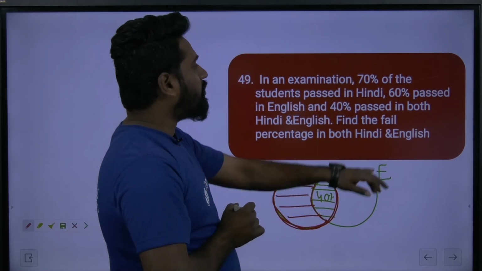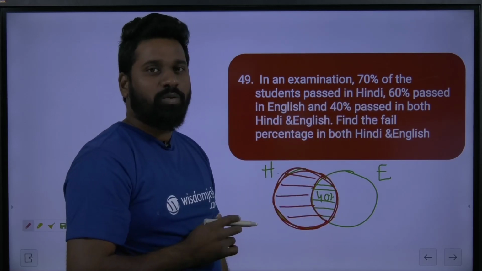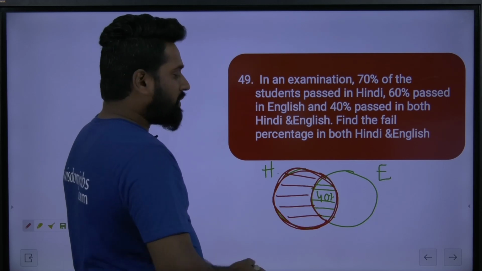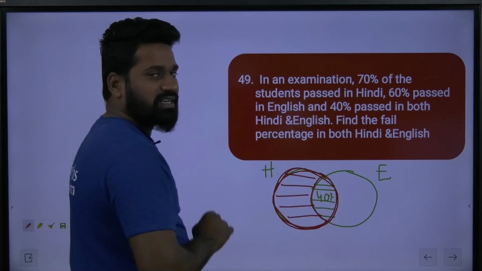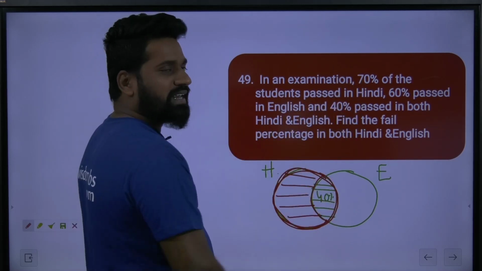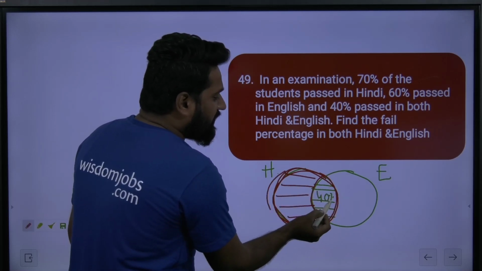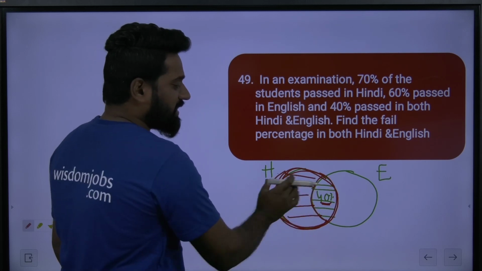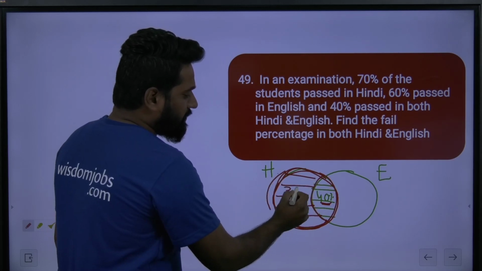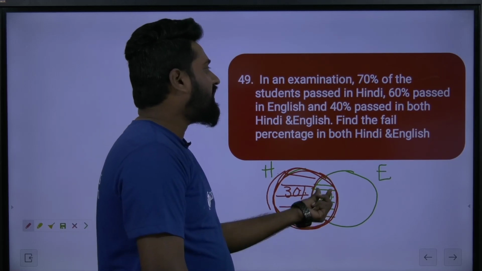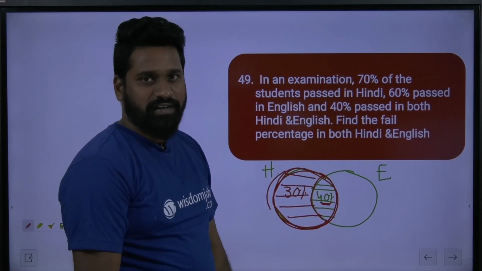This Hindi total is given 70%. Only Hindi is this portion, but Hindi indicates this entire circle. Hindi is given 70%. Out of the 70%, already 40% you have in this circle only. So definitely this remaining indicates 30%. So 30% plus 40% total becomes 70.